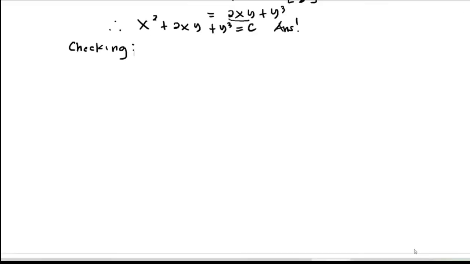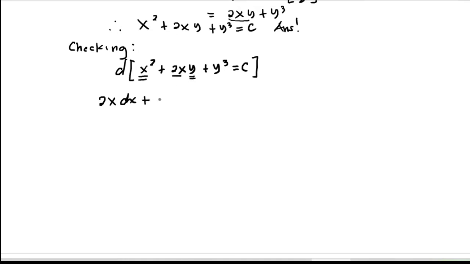We're going to check our answer using differentiation. So the differential of our answer, x squared plus 2xy plus y cubed equals a constant. Take note, x and y here are variables. For our first term, x squared, the differential is 2x dx. For our second term, we're going to use the product formula in which our u is 2x and our v is y.